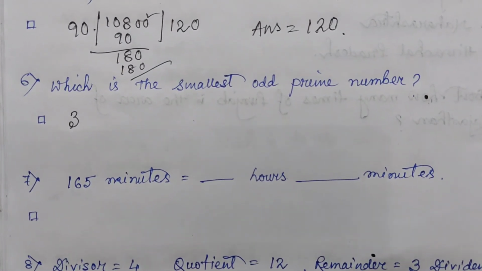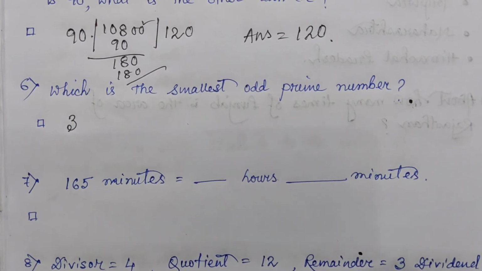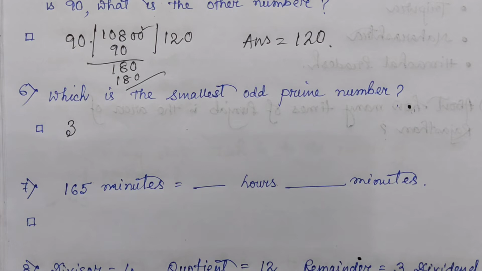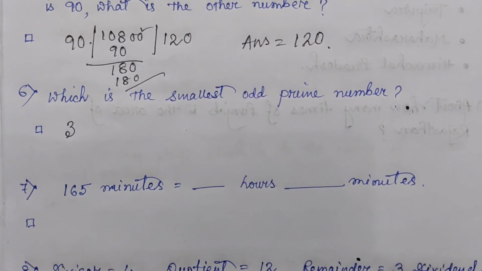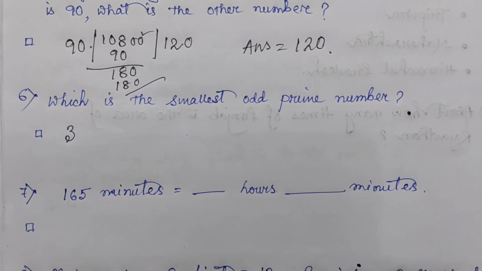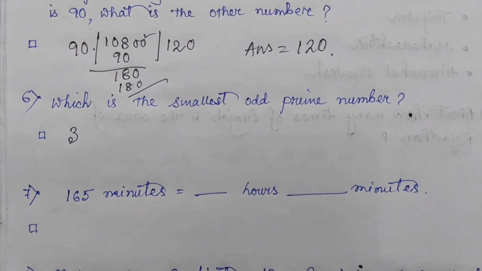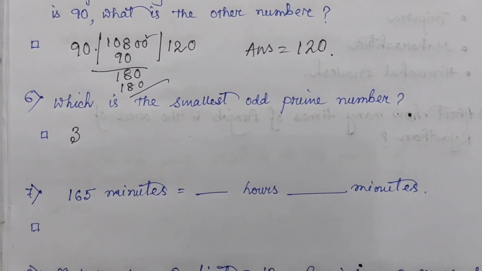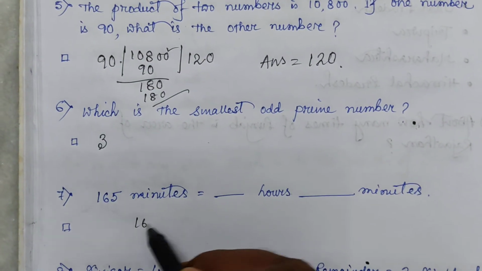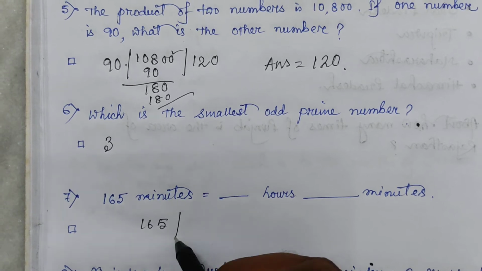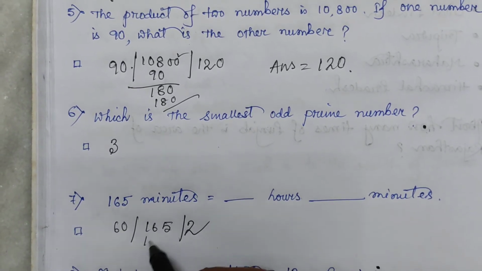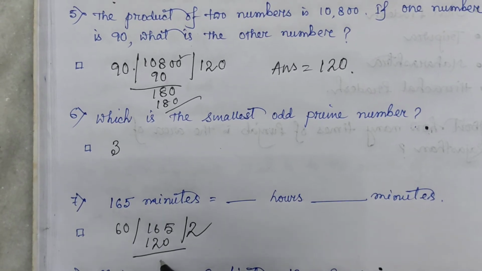Next, question number 7. 165 minutes equals dash hours dash minutes. So how can we convert minutes into hours? We have to divide by 60. So if I divide 165 by 60, 60 twos are 120.